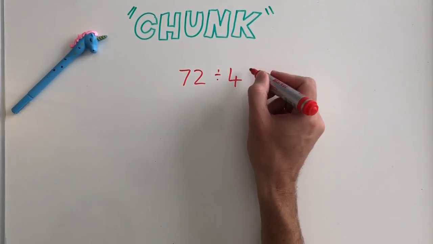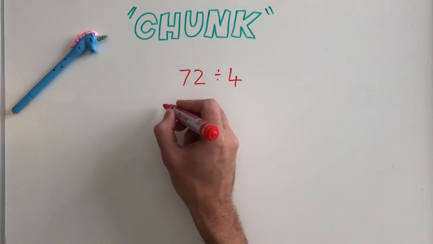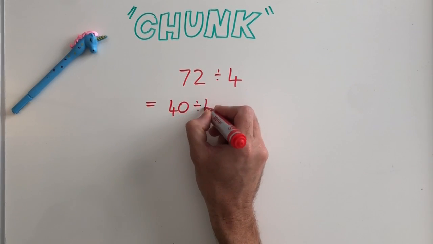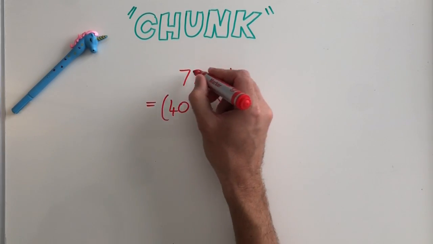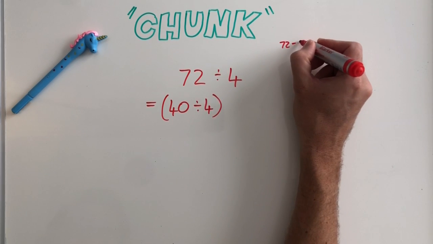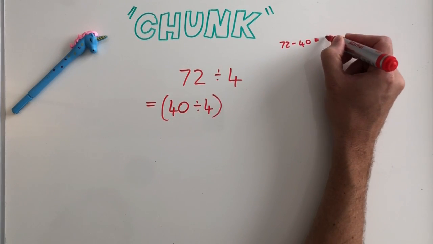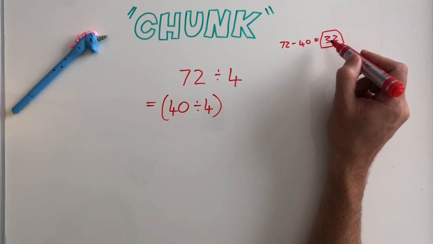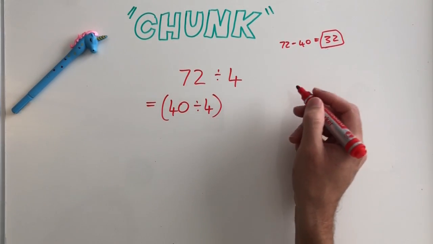The easiest would be to just do a 40 first. So 40 divided by 4. If I have 72 and I take off 40, I'll be left with 32. And I got lucky again because I know 4 really easily goes into 32.